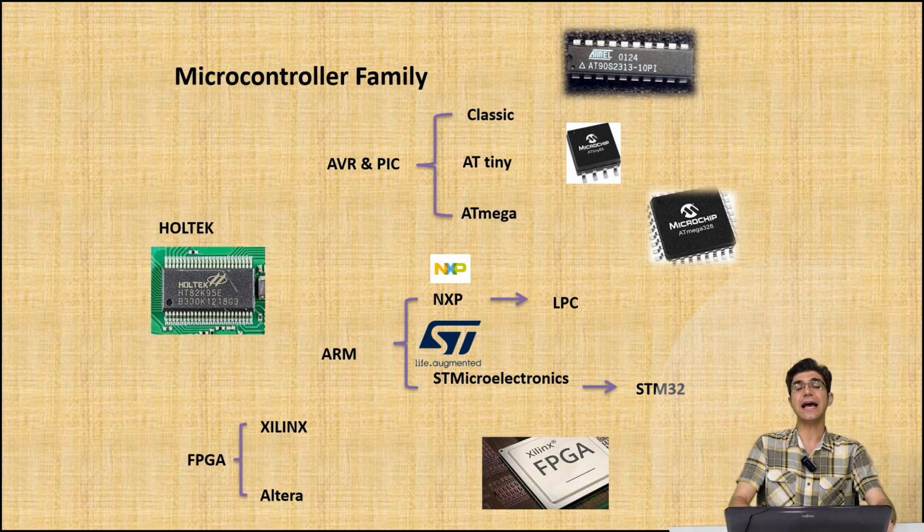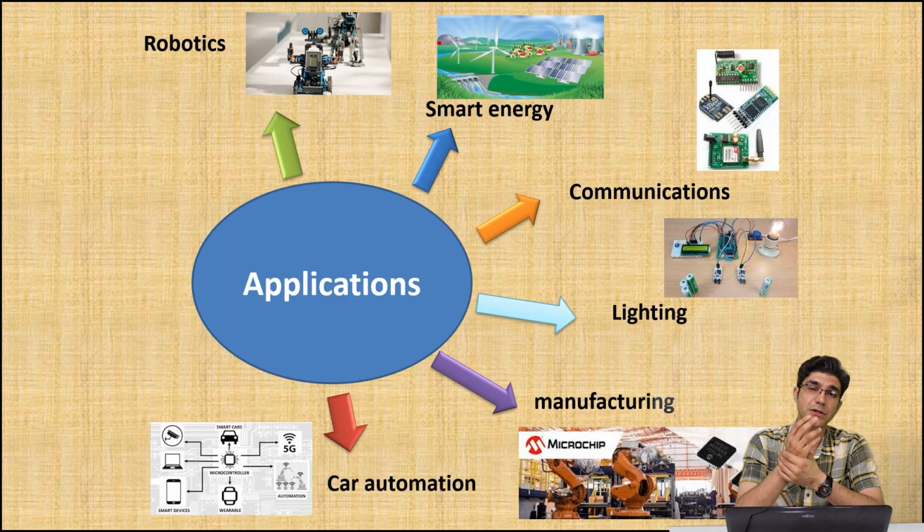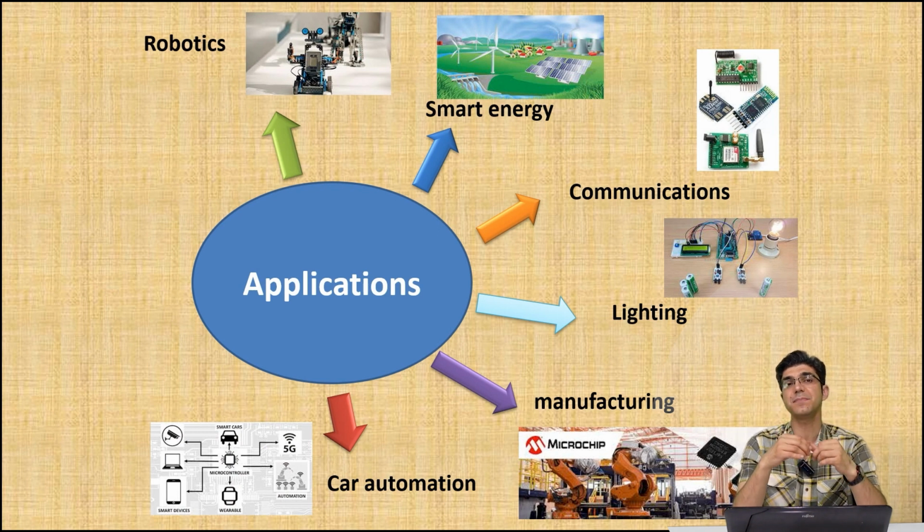And the other topic is the application of microcontrollers. Now microcontrollers penetrate any field that you can see all around you. One of them is robotics. All of the processing of sensors and commands in robotics is based on microcontrollers.